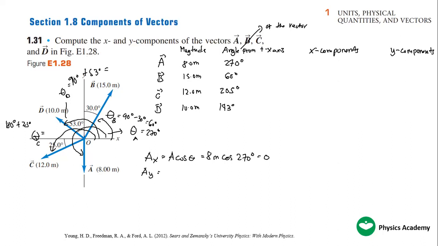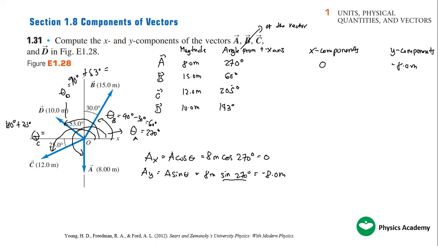For Ay, we have A sine of theta, which is 8 meters sine of 270 degrees, which is negative 8.0 meters. If you use the angle from the positive x-axis, such as 270, you will automatically use cosine for your x component and sine for your y component. That is the key here. So we have 0 and negative 8.0 there.